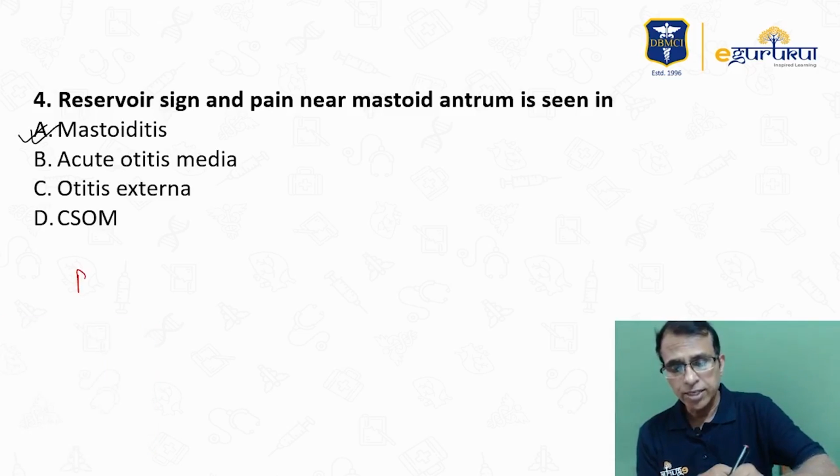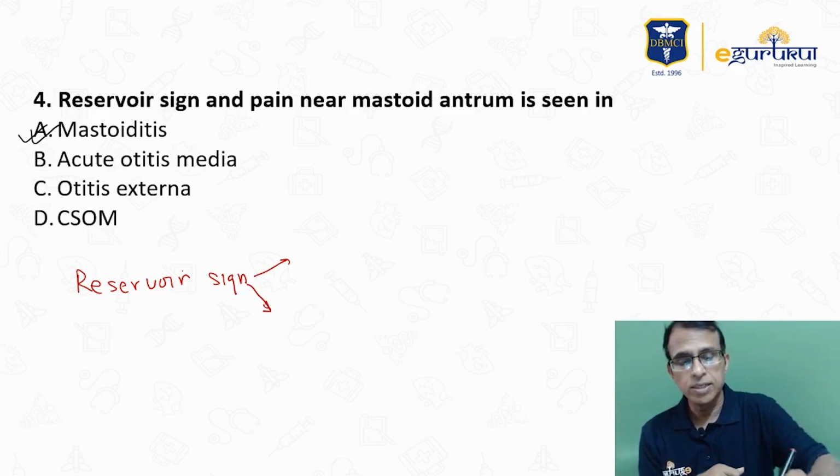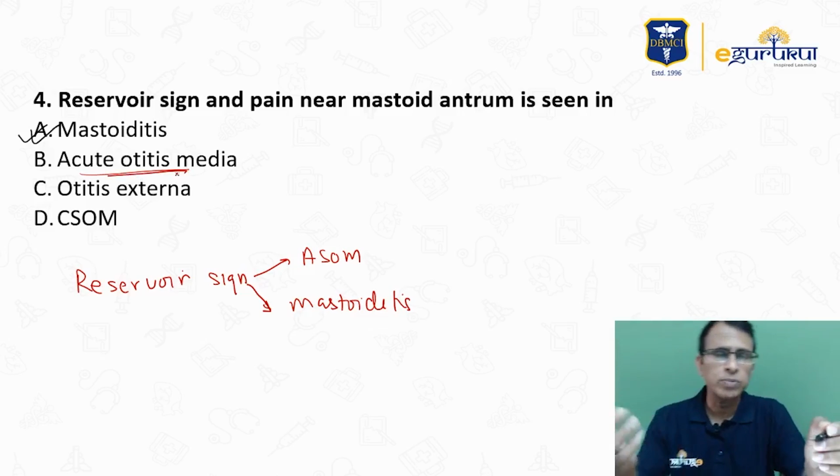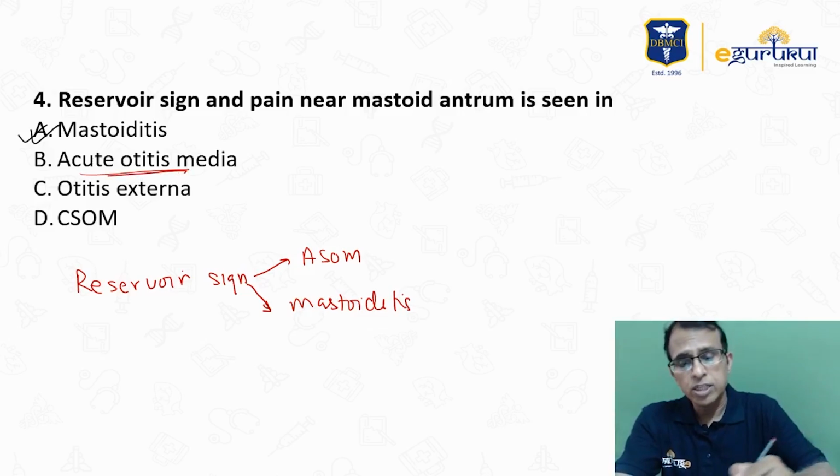Now, reservoir sign is seen in two diseases. It is seen in ASOM and mastoiditis. Otitis media, so this is acute otitis media, which can be called ASOM. So reservoir sign is seen in both, but in ASOM it is a middle ear infection.